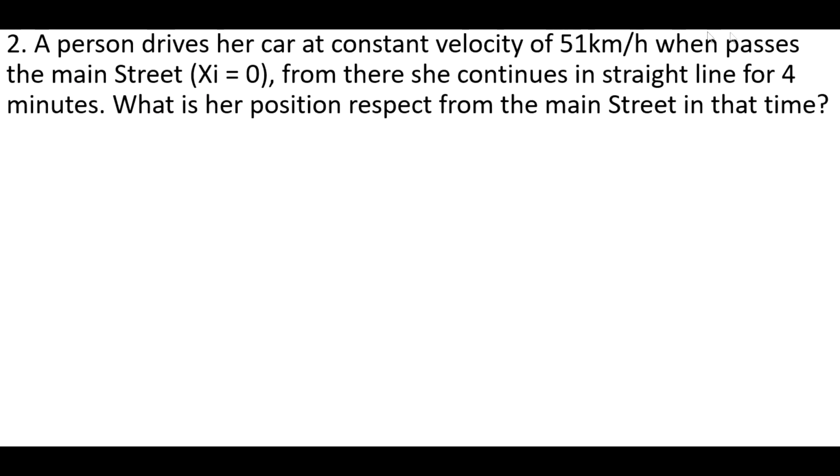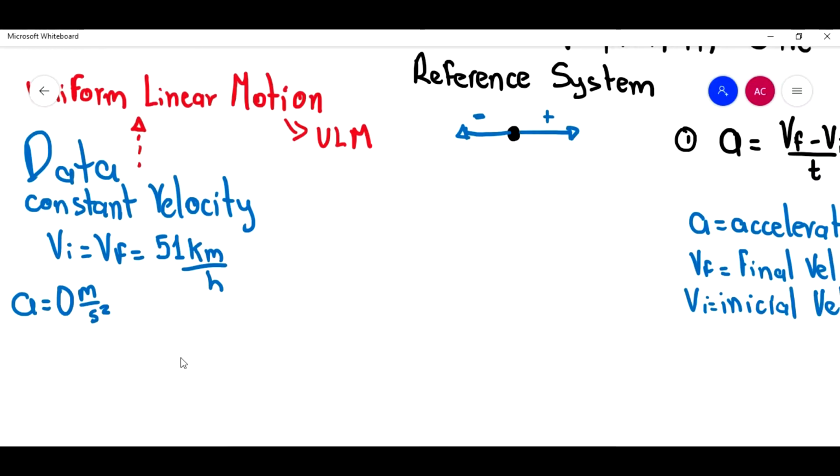Okay, so let's continue. When she passes the main street, initial position equals 0. So the main street is our reference system, something that is not going to move. And from that point, we are going to say, okay, from this point, the direction is going to be positive or negative.